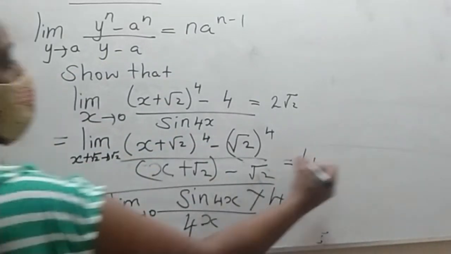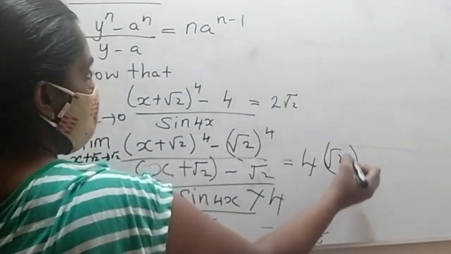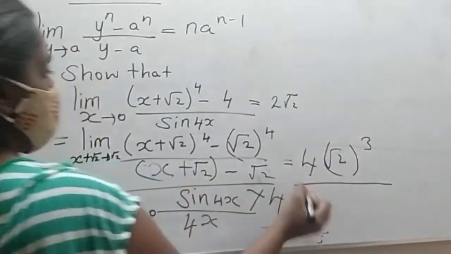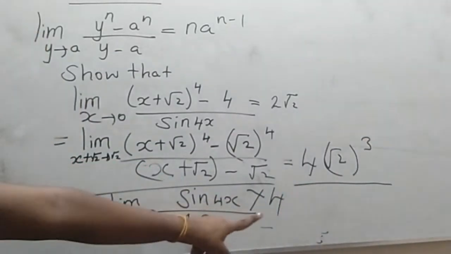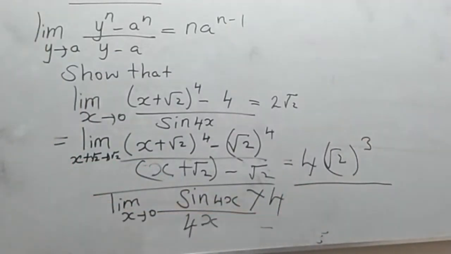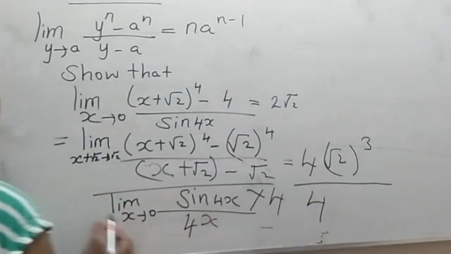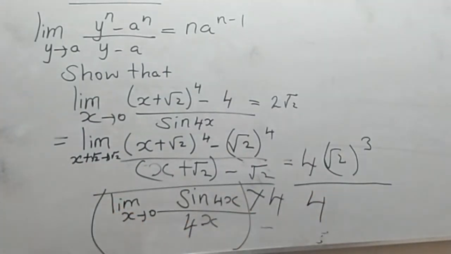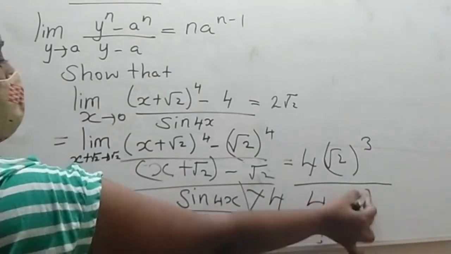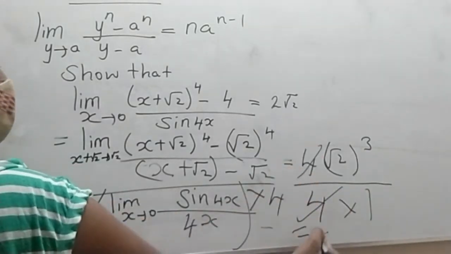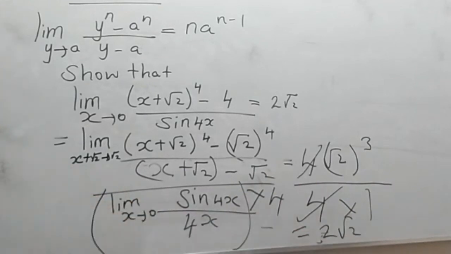Then root 2 to the power 4 minus 1, that is 3. Over what? This 4 is there, so this 4 will be here. So what is this? Limit of x tends to 0, sine 4x over 4x. That is 1. So this 4 and this 4 get cancelled. So therefore the final answer is 2 root 2.